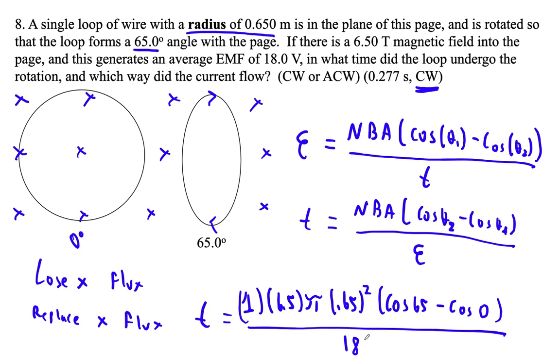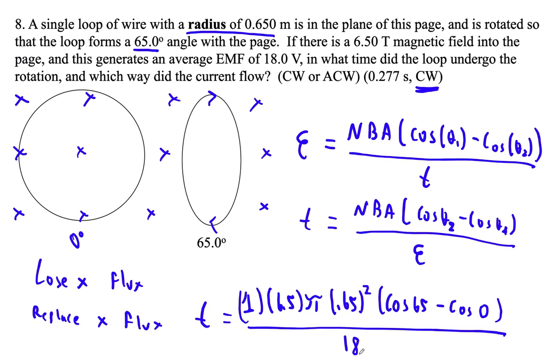I'm going to go alpha F1, enter, 1 times 6.5 times pi times 0.65, whoops, times left parenthesis cos 65, right parenthesis minus cos 0, which is of course 1, right? All right, there we go. And then in the denominator, there's an 18.